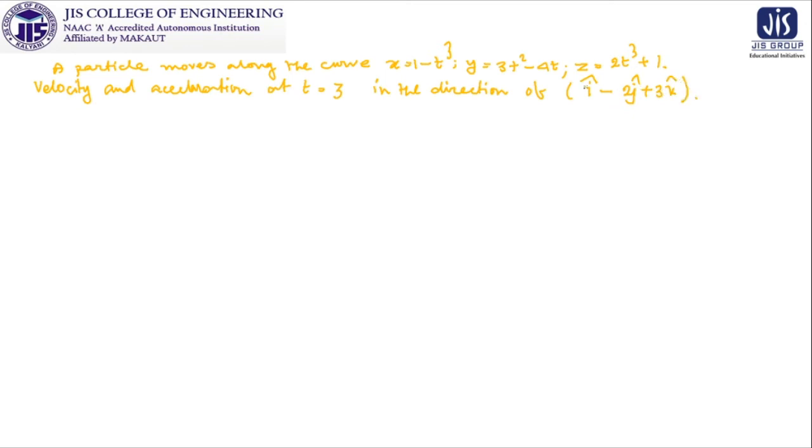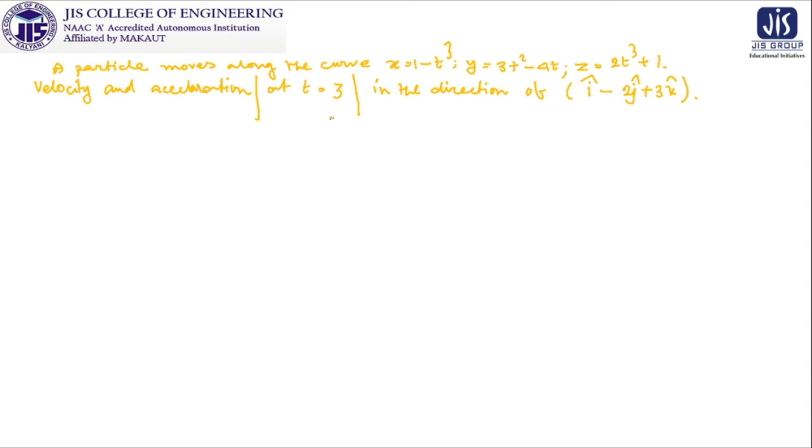Before solving this problem, please try to understand what the questions are. If your question stops here, then your job is very easy. If it stops here also, it is very easy, because you have to put the value of t equal to 3 in that result. But it is asked that you find the velocity and acceleration, not in whole manner.